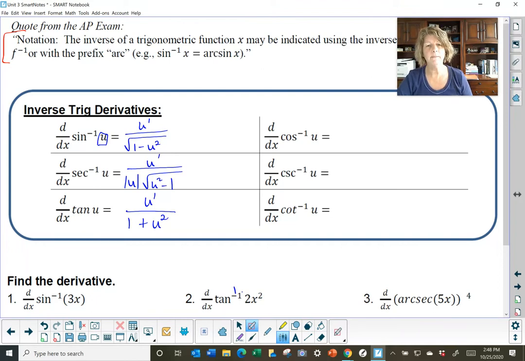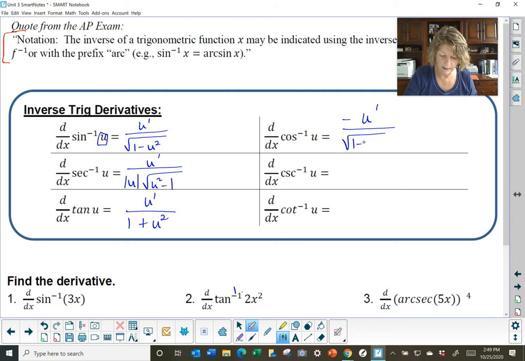There are 3 more to memorize. Have no fear, though, these are easier. Notice the derivatives of things starting with a c. Like the first 6 trig functions, if they started with a c, it was a negative. That is true on these as well. So the derivative of cosine inverse is identical to sine except for the additional multiplication by a negative.